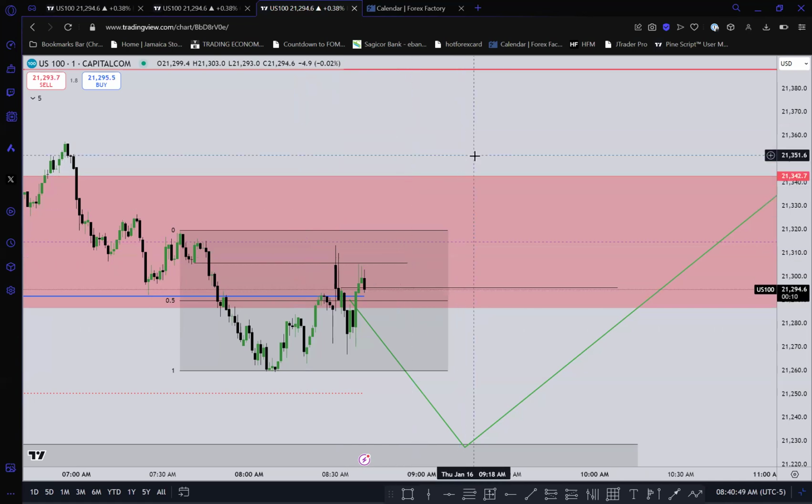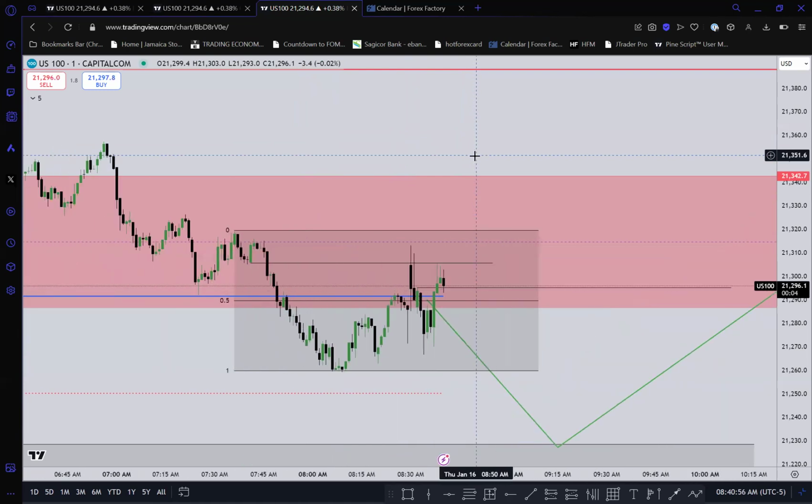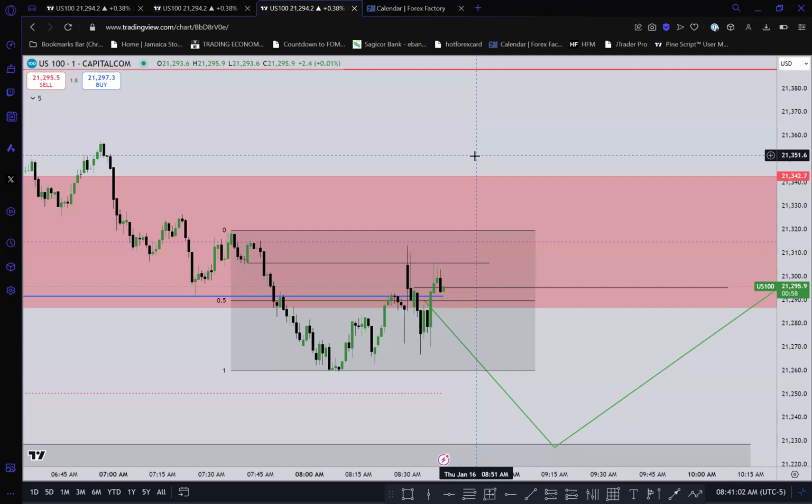Long setup is calling my name though. The long setup is calling my name. But the risk on it is great. So how do I account for a potential long idea when the risk feels like it's not worth the trade? Simple.